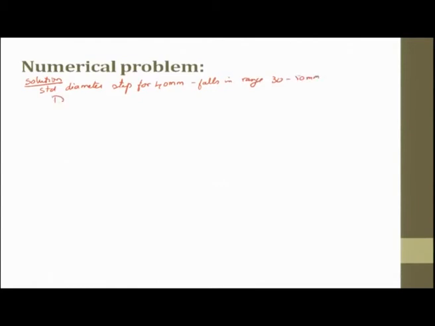Okay. So, D can be calculated from the formula root of D max into D min, which is approximately equal to 38.7298 millimeter.